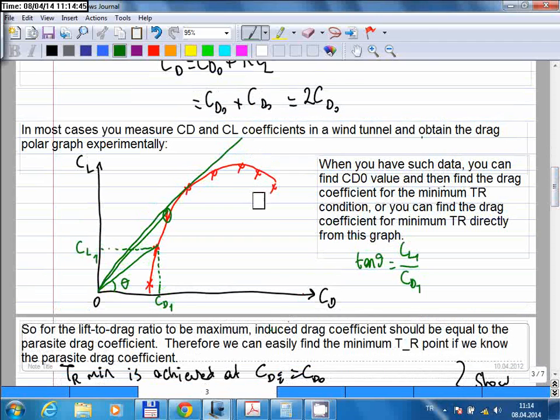So how should I say that? In this case the line is tangent to the CL-CD curve.